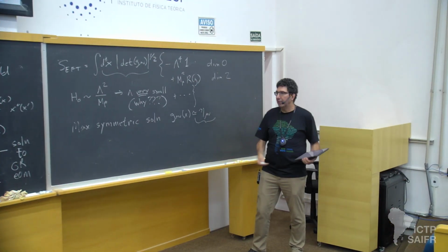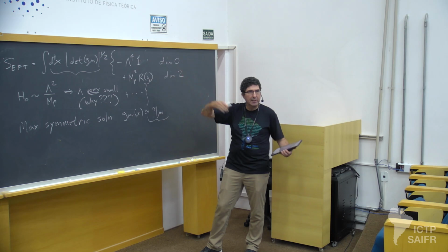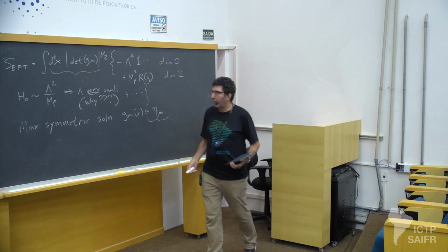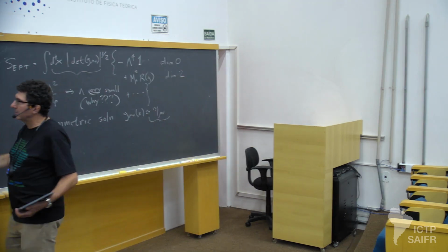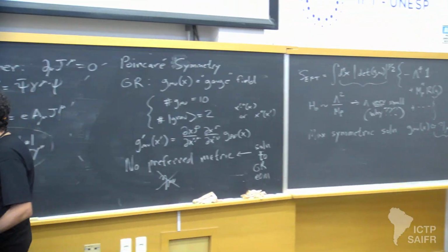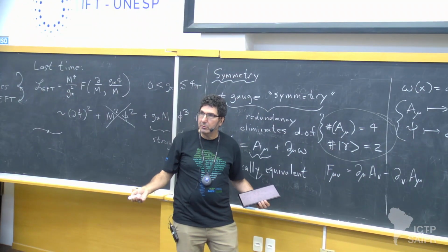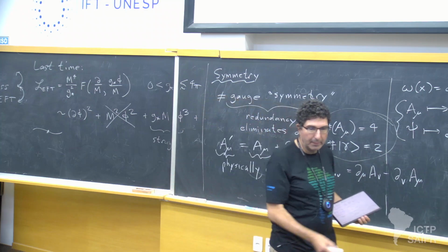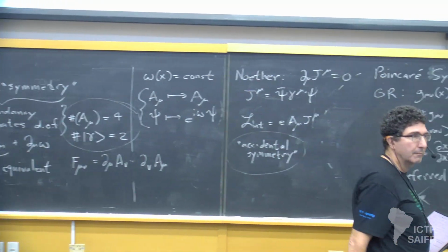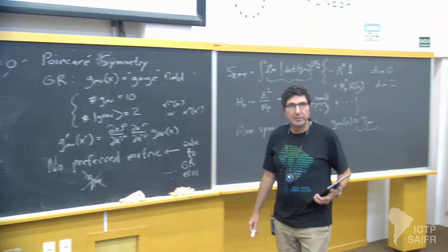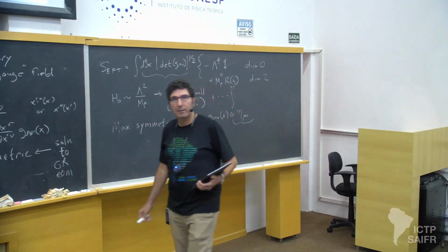Of course, we know it's not exactly true on cosmological scales, but I would claim that even Poincare symmetry is just an accidental symmetry in exactly the same way. It arises because we have certain degrees of freedom automatically. Any questions on this? This is all I was going to say about this for now.